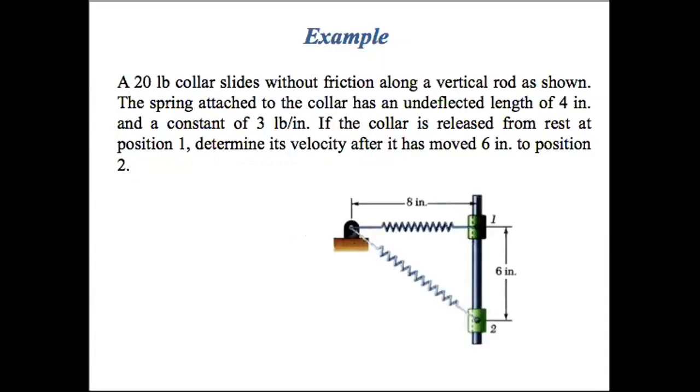A 20-pound collar slides without friction along a vertical rod as shown. The spring attached to the collar has an undeflected length of 4 inches and a constant of 3 pounds per inch. If the collar is released from rest at position 1, determine its velocity after it has moved 6 inches to position 2.